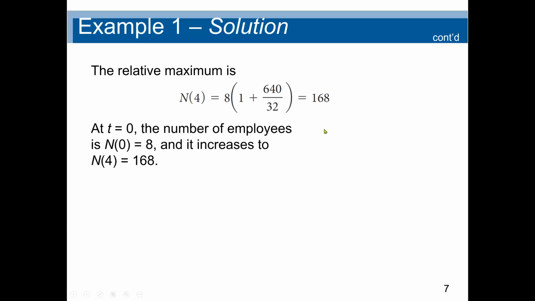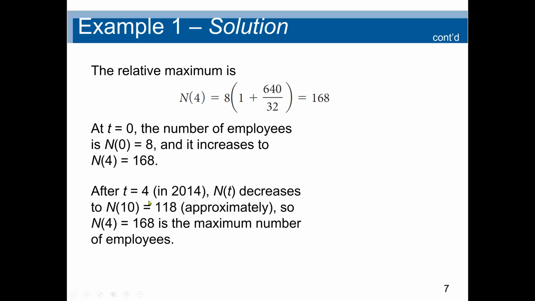So at t equal to 0, the number of employees is only 8. But as time goes on, when we reach the 4th year, we plug 4 in our original function, we get 168. And that's the maximum employee we can get, in the 4th year.